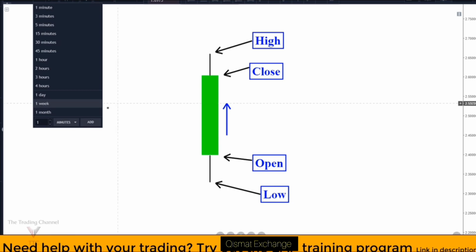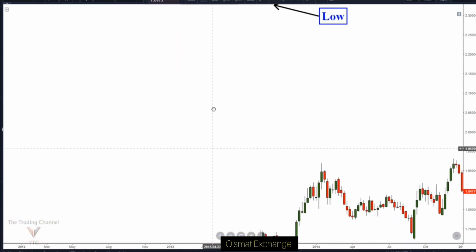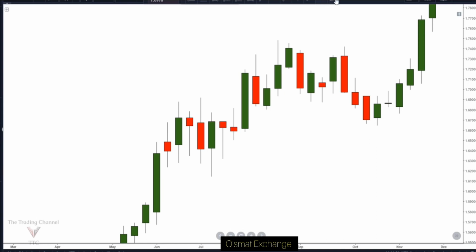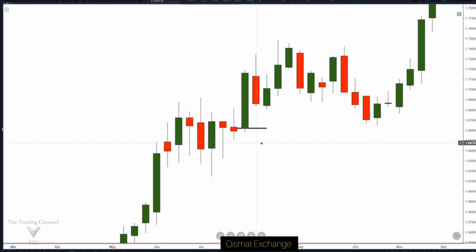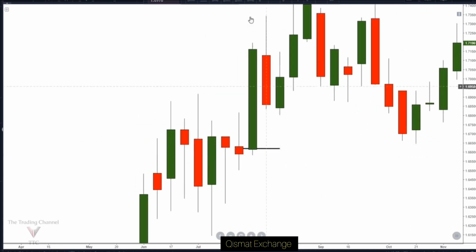So currently we're on a 1 week chart. That means that when we scroll down the chart here, each one of these candlesticks represents a full week of price action. For the green candlesticks, we have a full week of price action that started at the open, or the bottom of the green candle. We have price action in between represented by these wicks coming down to the low, and moving up to the high.